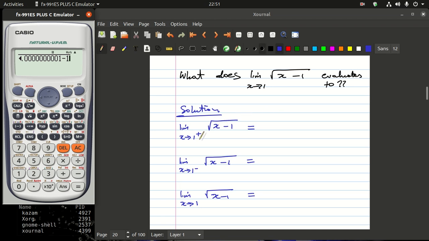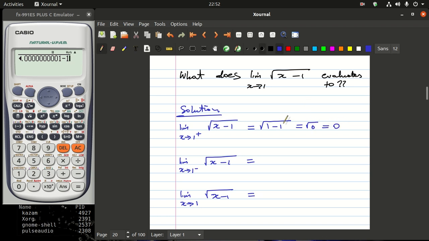But now, because that value is so close to 1 that the calculator cannot pick the difference, the calculator will just say, okay, I can't deal with an error this small, so I will just plug in a 1, and then 1 minus 1, you end up with the square root of 0, which is just 0.